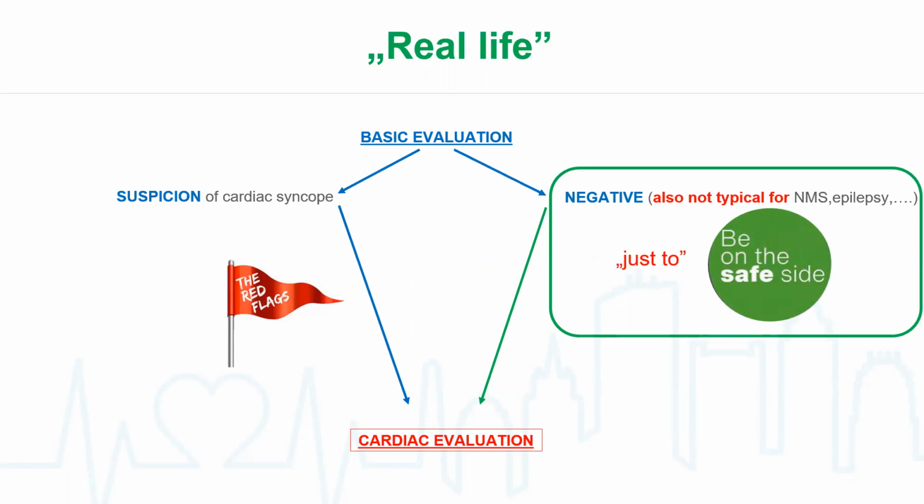In most countries, even if the red flags for cardiac syncope are negative, the patient will be referred to a cardiologist. Also, if the circumstances are not typical for neurally mediated syncope, seizure, psychogenic syncope, etc. Briefly, atypical syncope is also referred to a cardiologist.